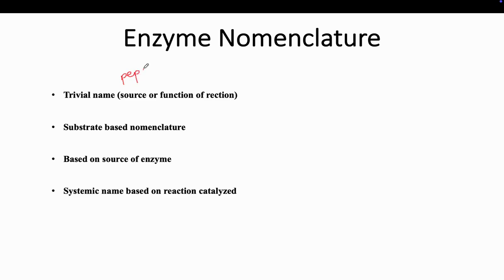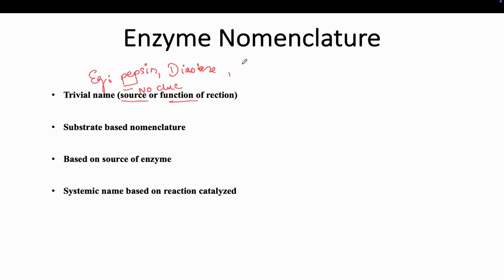For example, pepsin. If I tell you this pepsin enzyme, you won't be able to guess what it is doing if you have no clue about the name pepsin, or diastase, for example. We don't know what it is doing or where it is found. We have no clue about the source or function.